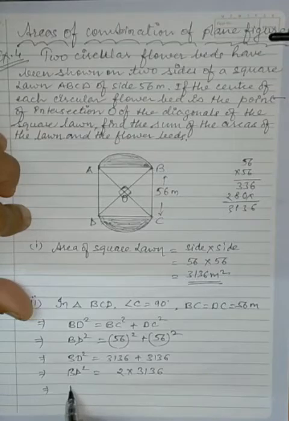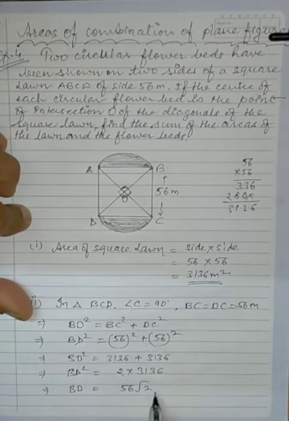Therefore, taking the square root of BD square, we get BD equal to 56 under root 2 meter.